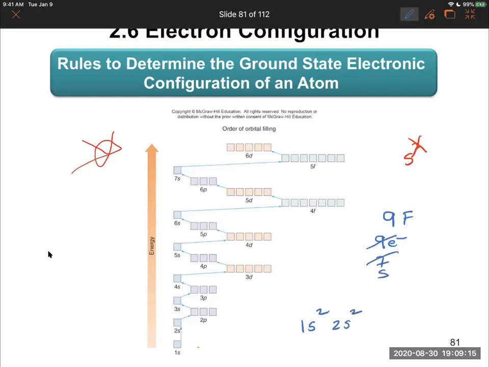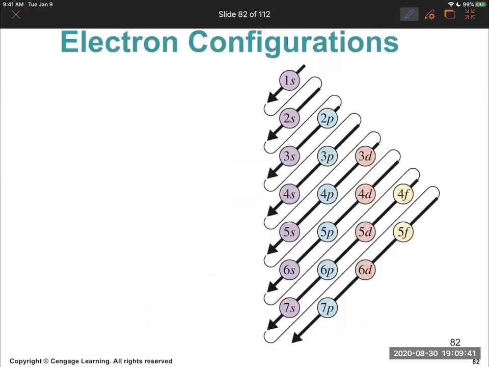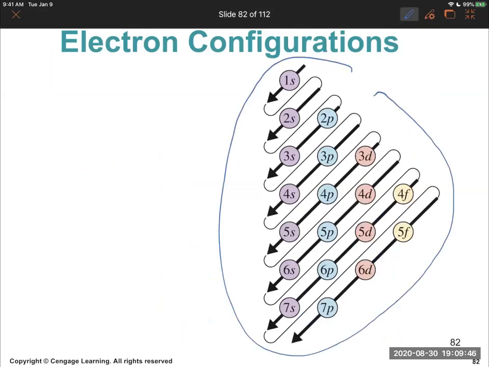Then 2p, you don't need to put the 6, you only need to put 5. So this is the electron configuration of fluorine. You just keep adding 1 electron and follow this pattern. If you can draw this on your paper, on your exam, it's so easy.